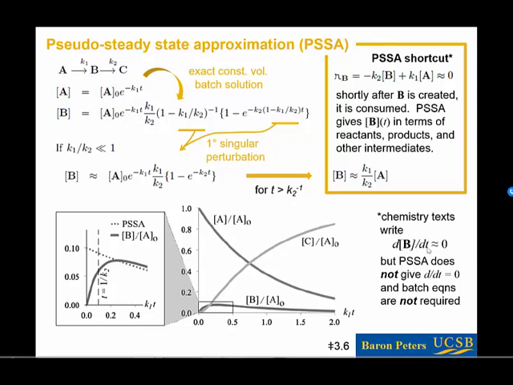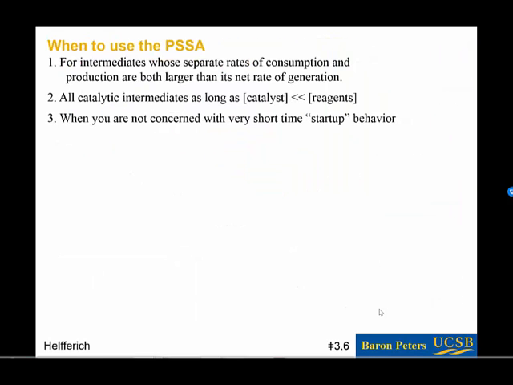But this does create some confusion because, of course, what you get out of this approximation is a statement that B depends on time, which seems like a contradiction, and also this creates maybe a perception that this pseudo-steady state approximation only works in batch reactor situations, and that's definitely not true. This thing can be applied in all kinds of situations, and we will do that a lot throughout the class.